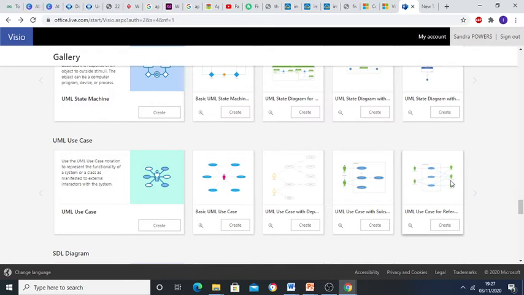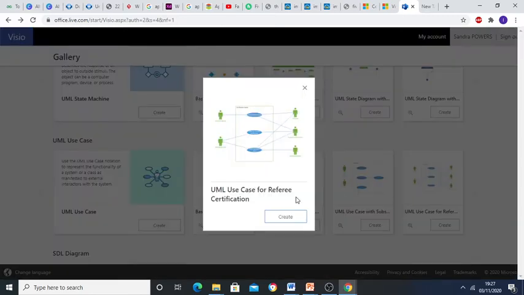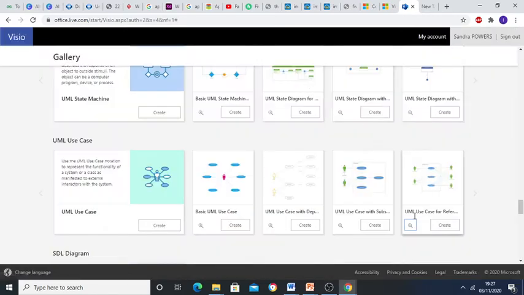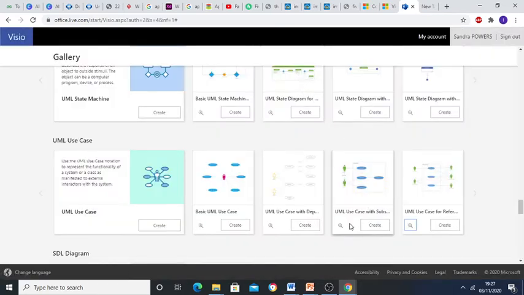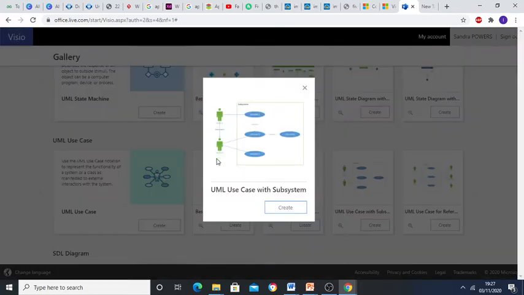I'm going to lean towards this one, because if you look at that, it's got primary actors on the left and then secondary actors on the right. But this one only has actors on the left, not on the right. Actors on the left are called primary actors. Actors on the right are called secondary actors.